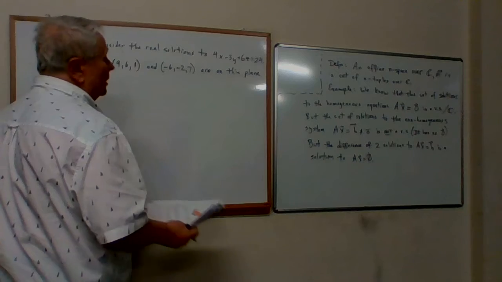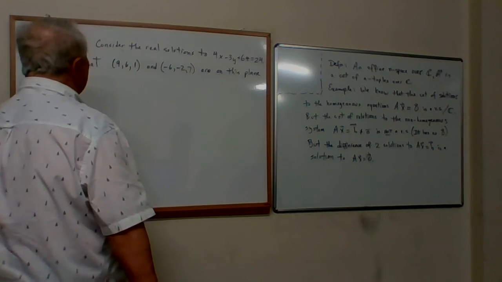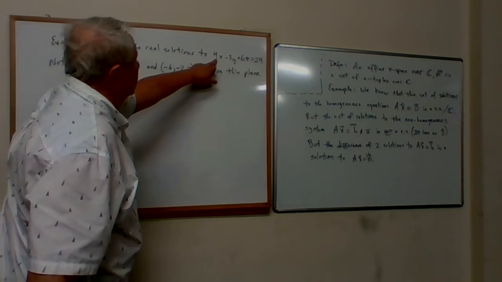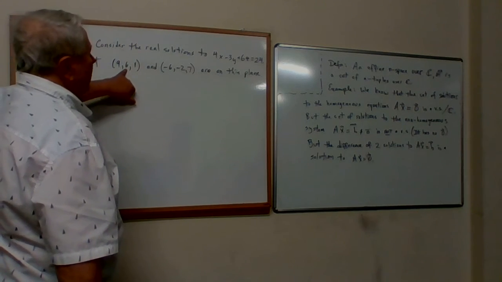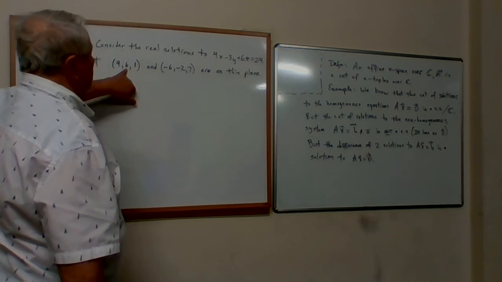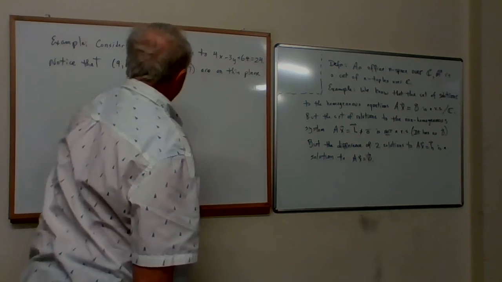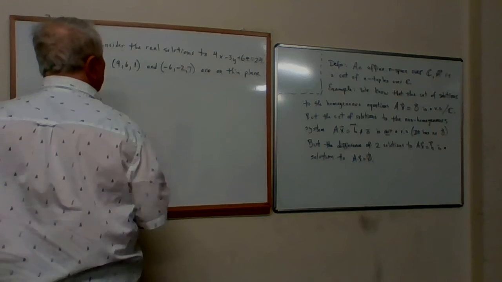Okay, you can call it L or not call it anything at all. But these 2 points are on that plane because 4 times 9 is 36, minus 3 times 6, which is 18, so we're down to 18, plus 6 times 1 is 24. And same thing for this point over here.